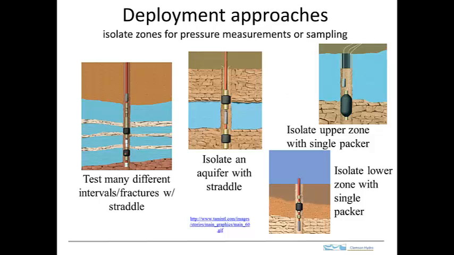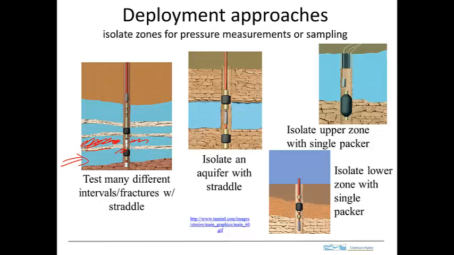This is a straddle packer here that's isolating, I guess it's supposed to be isolating this blue water-bearing unit. Although it seems like the packers would want to be brought a little bit closer together so you wouldn't have this one leaking in there.